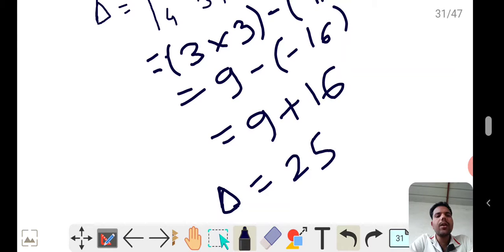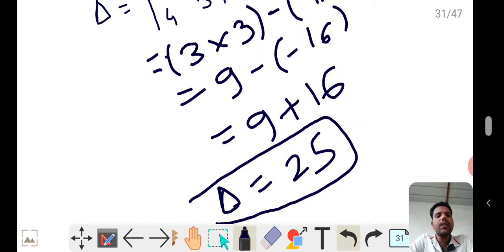So delta is equal to 25. Now we have to find the delta x.